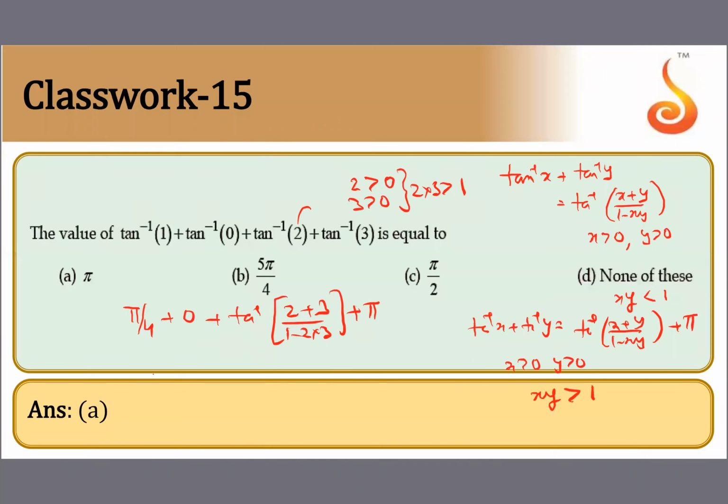So we get pi by 4 plus pi minus tan inverse 1. We get pi by 4 plus pi minus pi by 4. These two will cancel. We get pi. These are formula 1 and this is formula 2.